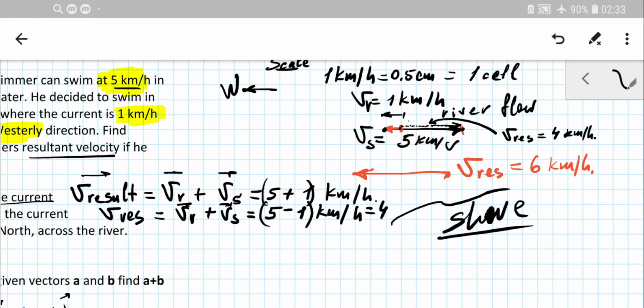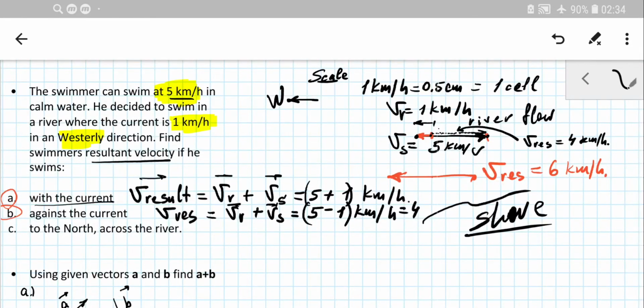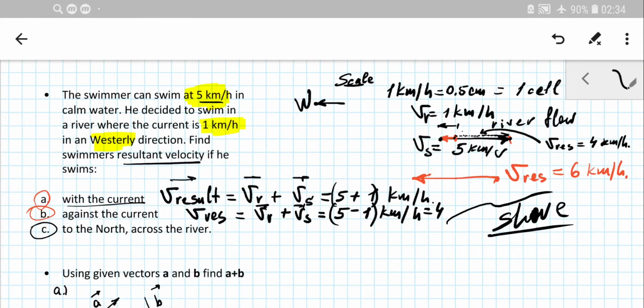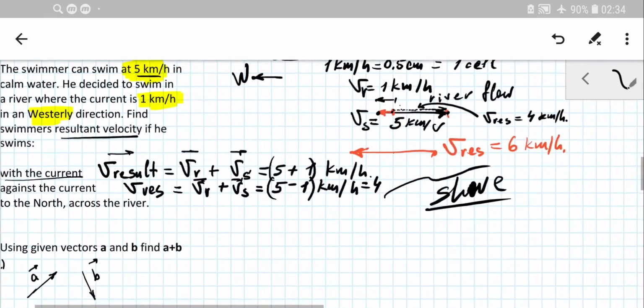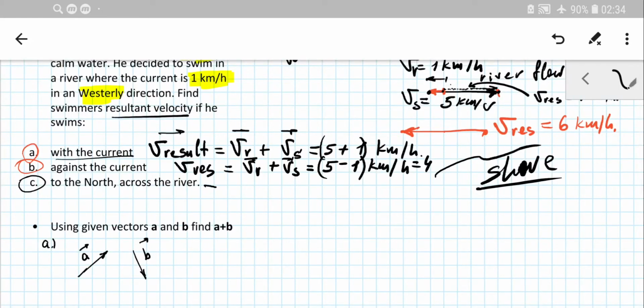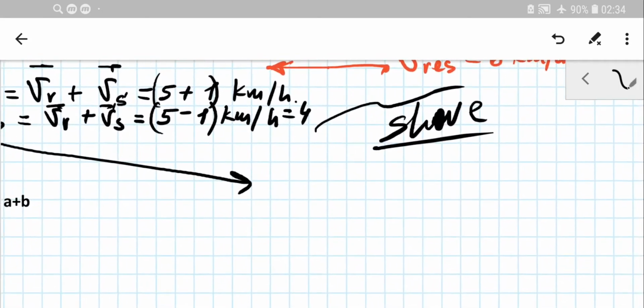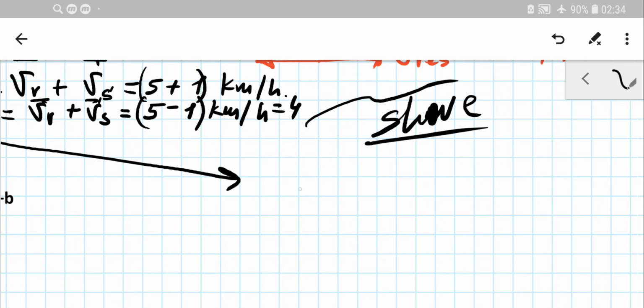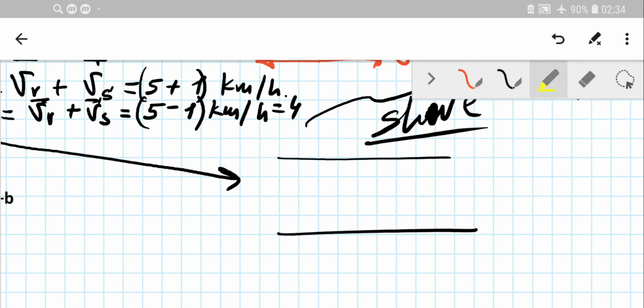Okay, so next one, to the north, across the river. So he swims to the north across the river. All right, in this case, we can understand the problem in a different way. So look, let's assume that's the river, and now he swims to the north.